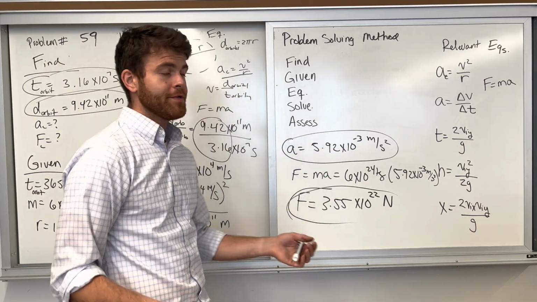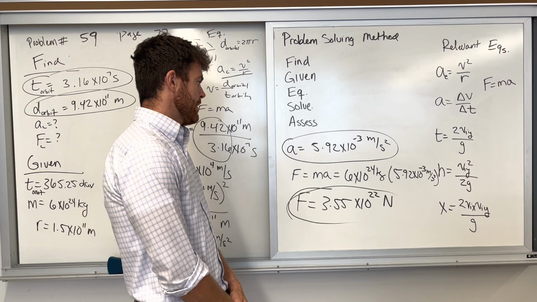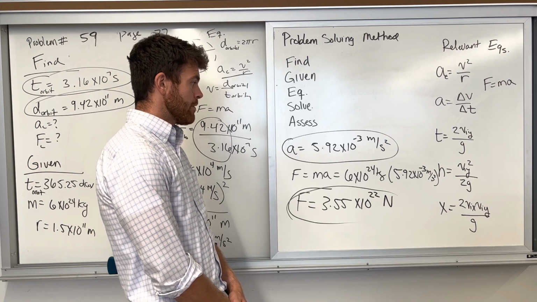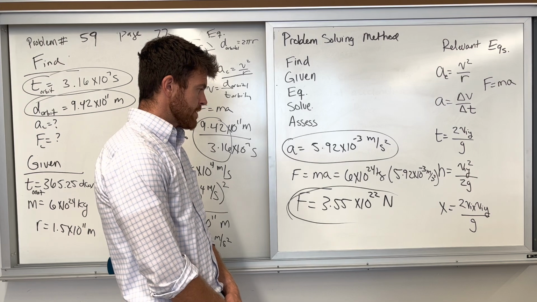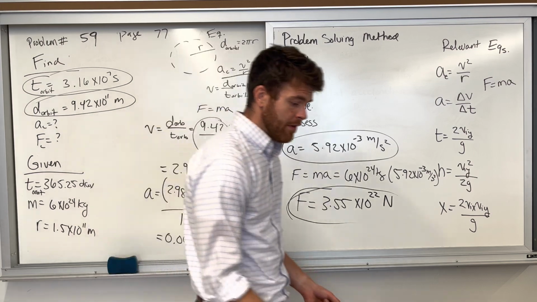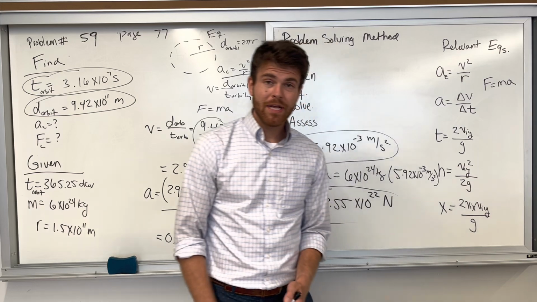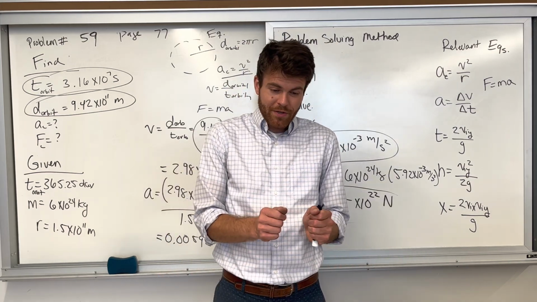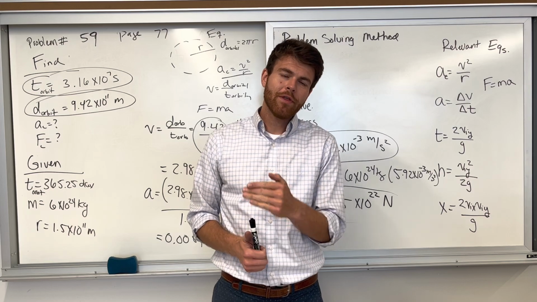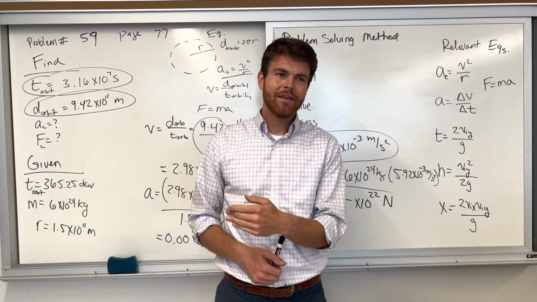So a large force still generates a small acceleration because it's so massive. Now, the acceleration is small, but if you think about it, from day to day, the orbital path of the Earth is very large, right? And so the change in direction that the Earth has every second is minuscule.